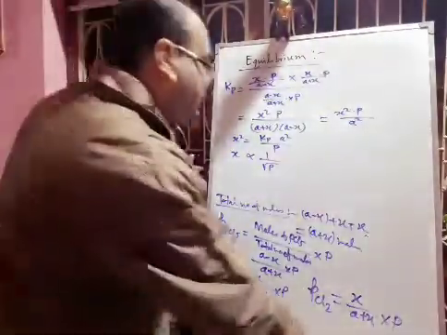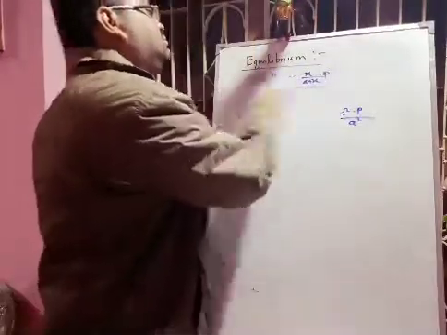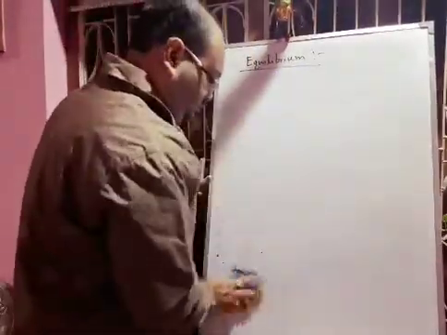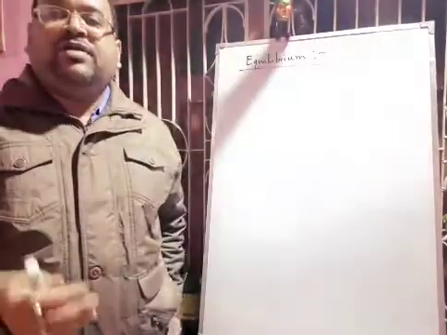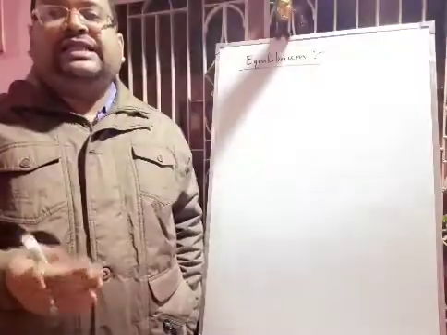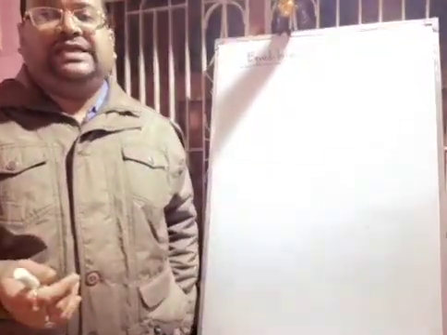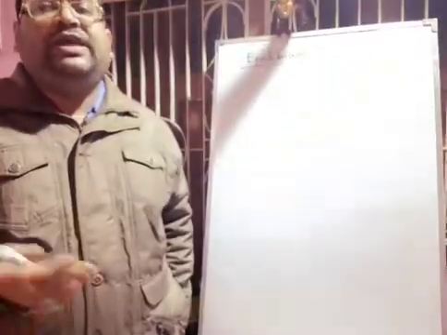Next, another type we will discuss, that is type C. In type C, we discuss the case when the number of moles of the gaseous products is less than the number of moles of the gaseous reactants. Here we consider the reaction of nitrogen and hydrogen by Haber's process.